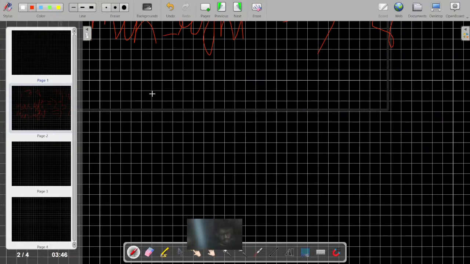And then max left 2 is equal to 7, right? And min right 2 is equal to 9, right?